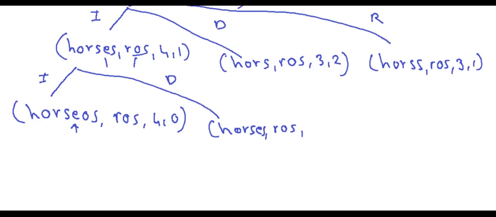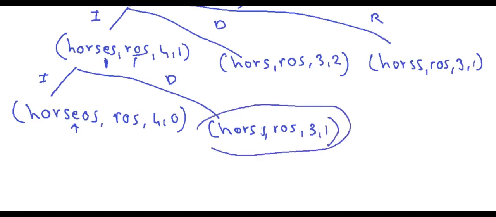My n is pointing here, so I'm deleting E, so it's going to become this, okay? And since I'm deleting, I need to decrement n, which will be 3, and this is going to remain 1.